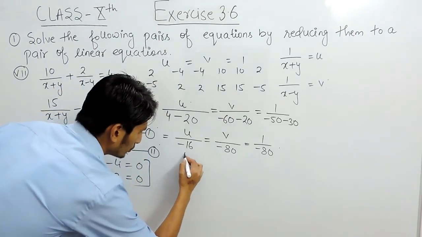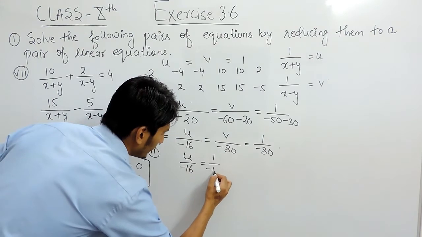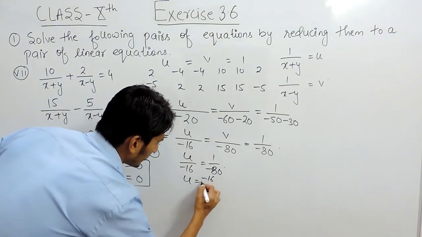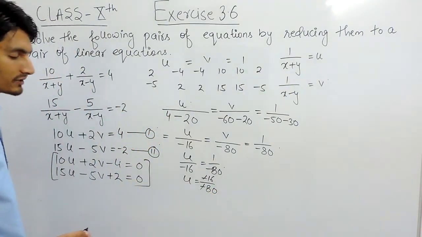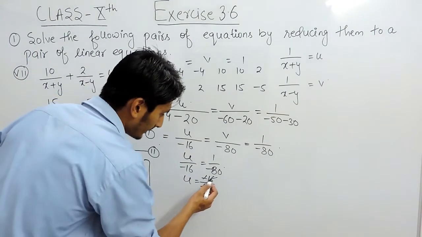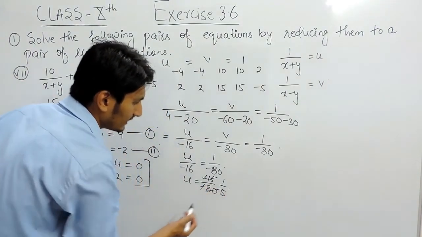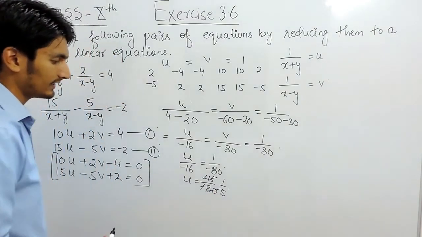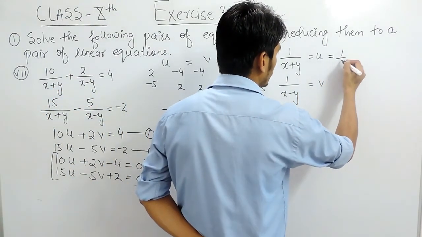So u upon 16 equals 1 upon minus 80, and the value of u can be 16 upon minus 80. The minuses cancel out, and 5 times 16 is 80. So the value of u equals 1 upon 5.